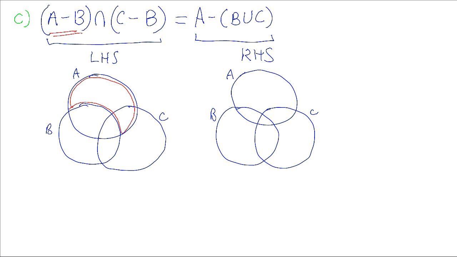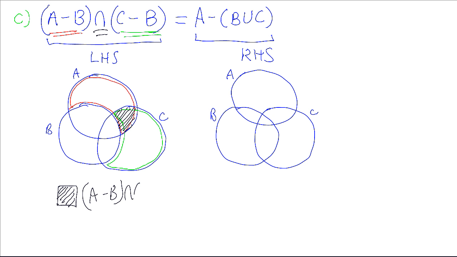C minus B is this thing, sort of another moon-shaped segment. And I'm going to take the intersection of those two, and I guess I'll color that black. And the intersection of those two is this little region here. Okay, so this little region is A minus B intersected with C minus B.